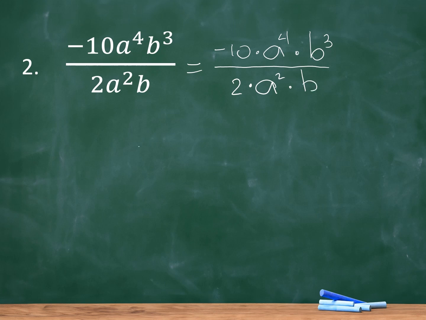We will deal first with the numerical coefficients. Negative 10 divided by 2 is negative 5. So let's write here negative 5 times.